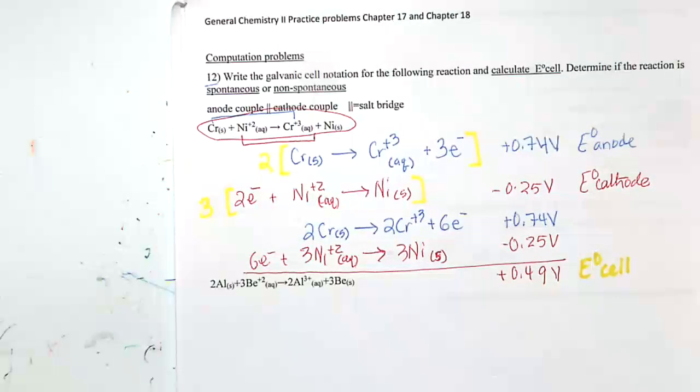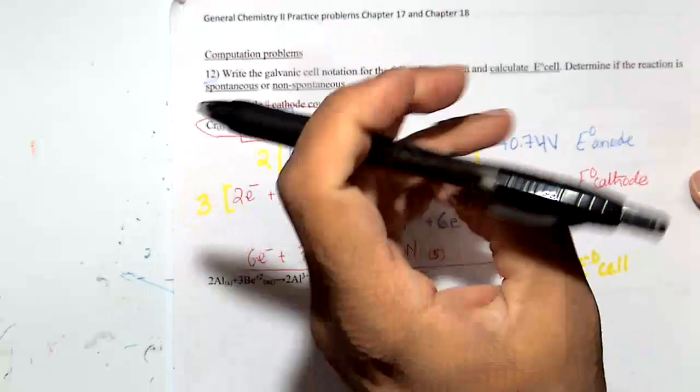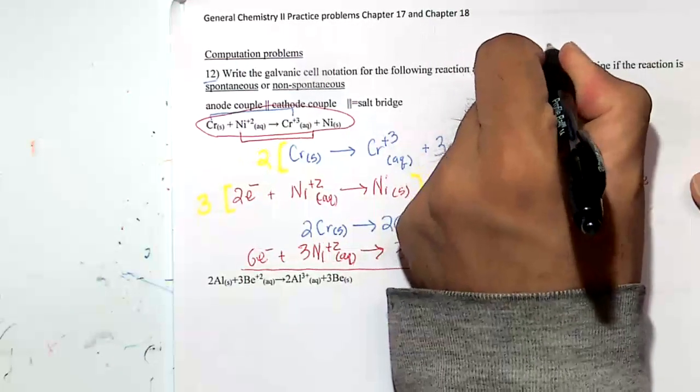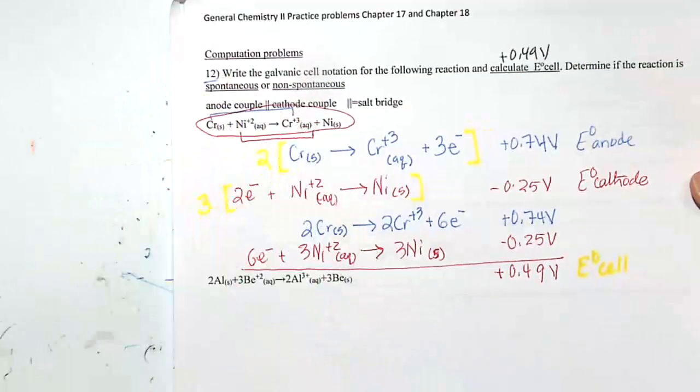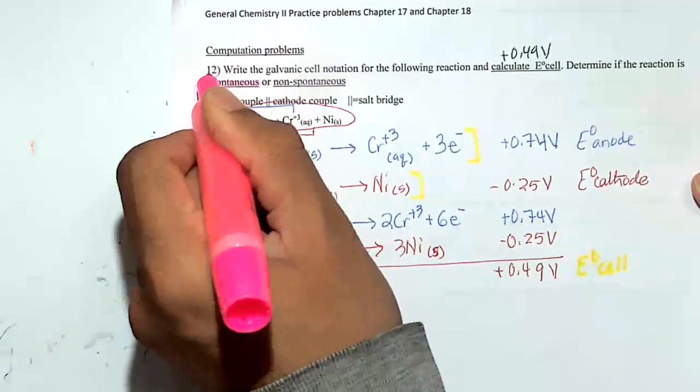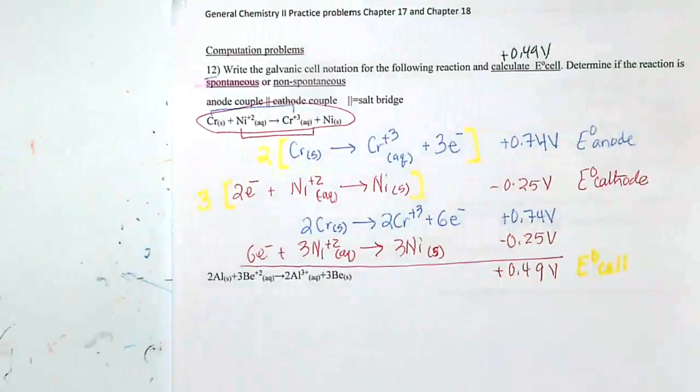All right, so what is our answer for this problem? The answer to this problem is positive 0.49 volts. And is this spontaneous or non-spontaneous? Positive voltage, spontaneous, favors the products.